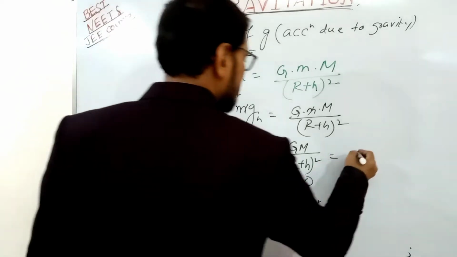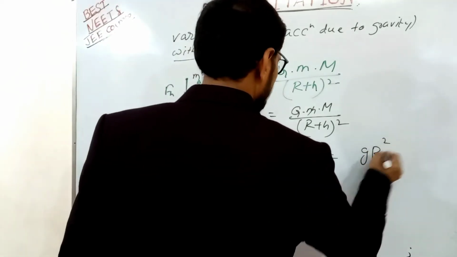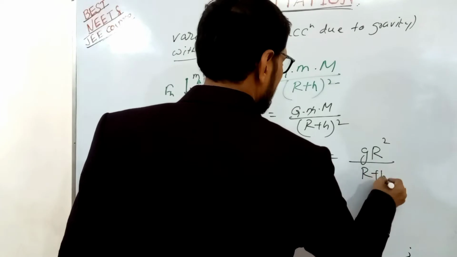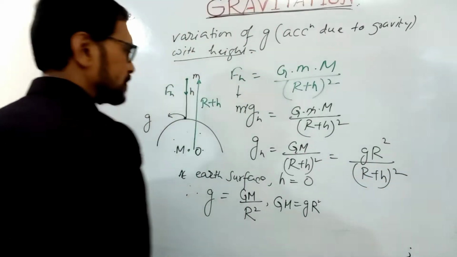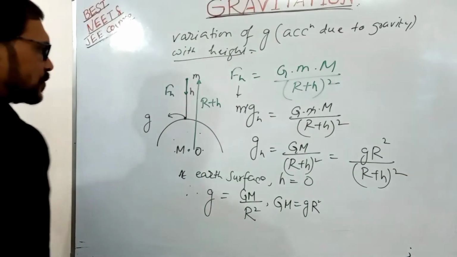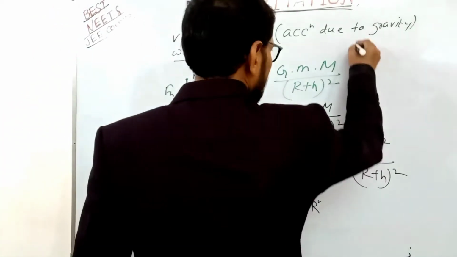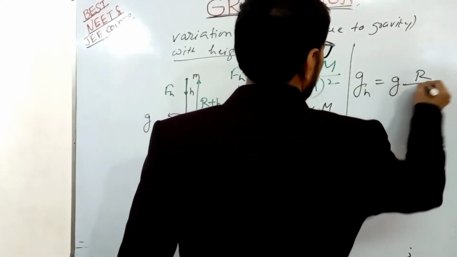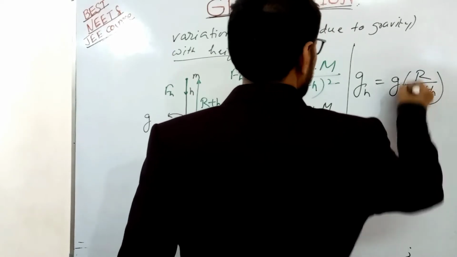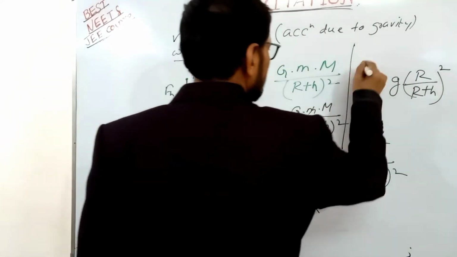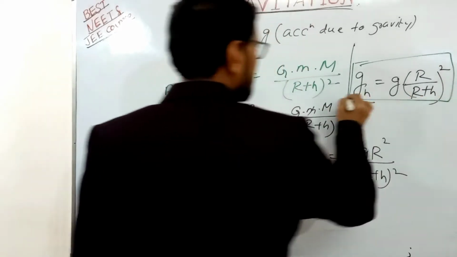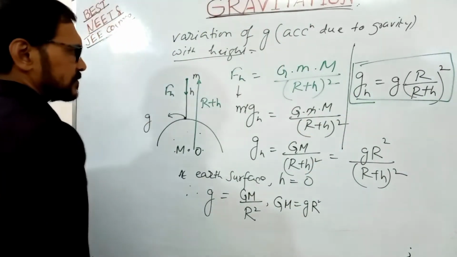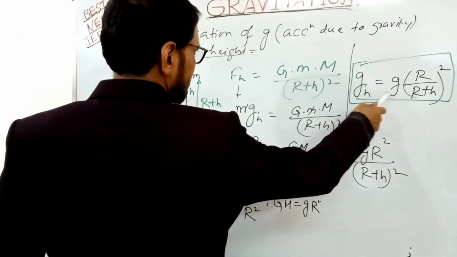Now what is the value of GM? g r square by r plus h whole square. So the formula of gh equals g into r by r plus h whole square. This is the first formula. That is how g varies with height.